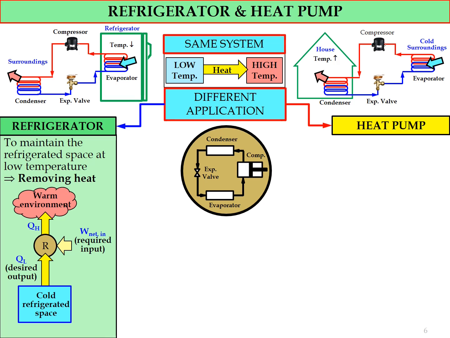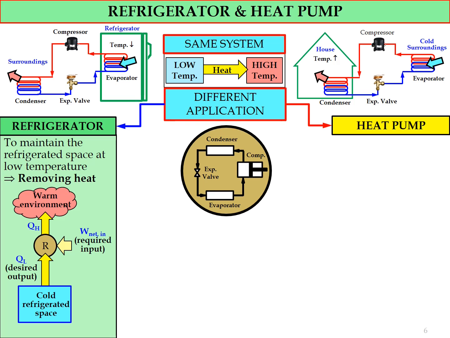Okay, so for the refrigerator, we need to supply W net in, which we consider as the required input because we need to supply W in to the compressor. The evaporator will absorb heat from the cold refrigerated space, and the amount of energy absorbed from the cold space is represented by QL, and we consider the value of QL as the desired output.